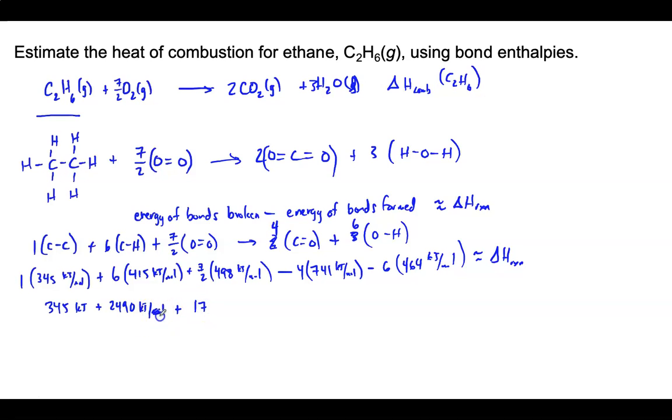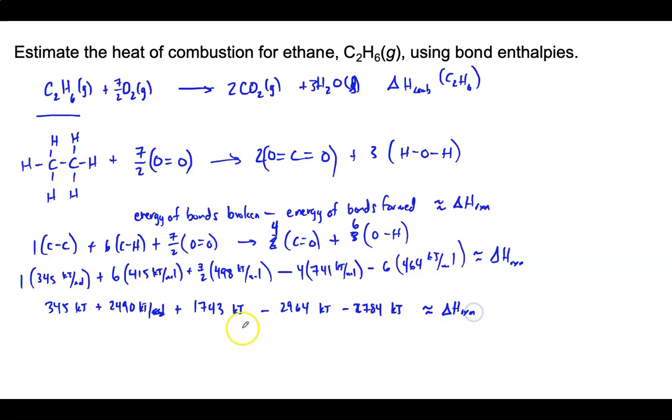Oop, there's no mole here anymore. 1743 kilojoules minus 4 times 741, 2964 kilojoules minus 6 times 464, 2784 kilojoules. And that's approximately our delta H of reaction.